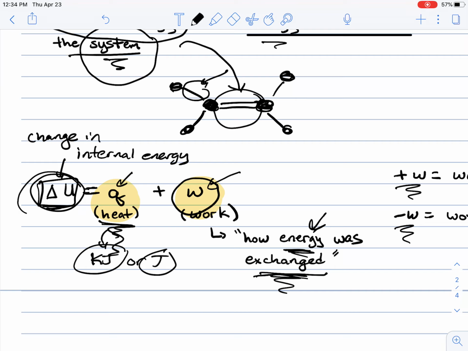So remember that Q can be negative, W can be negative, Q can be positive, W can be positive. The interplay between the negative signs and positive signs and their magnitudes each tell a different story when you add them together.